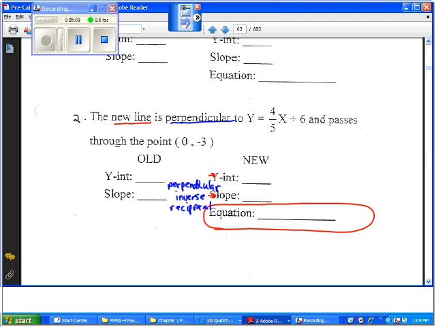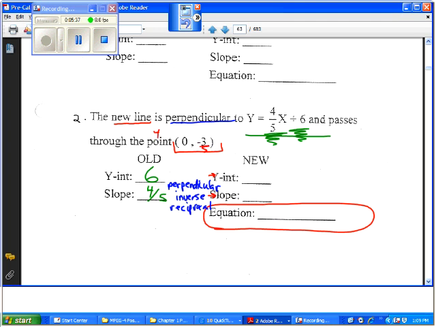As far as the old one is concerned, what was the old one's y-intercept? 6. What was the old one's slope? 4/5. Everybody understand so far? Now it says that the new one passes through the point (0, -3). What's that?